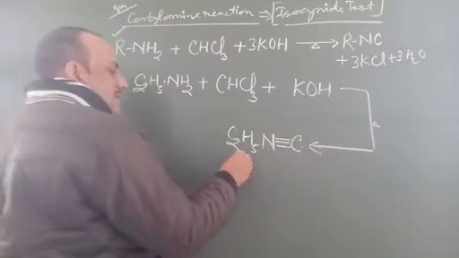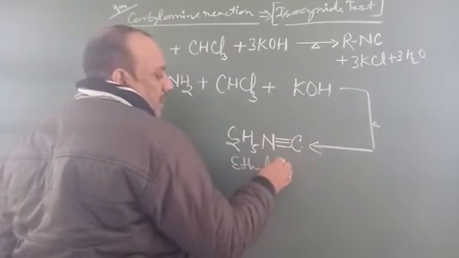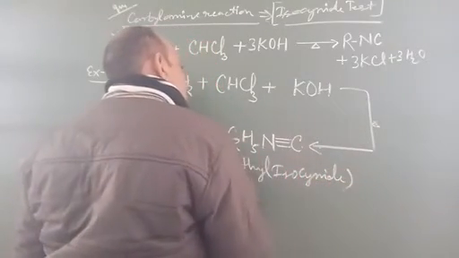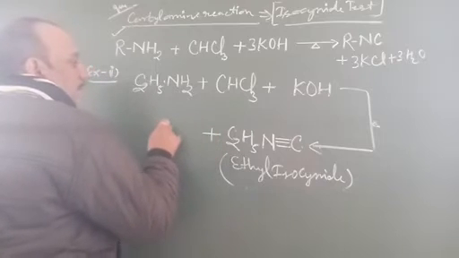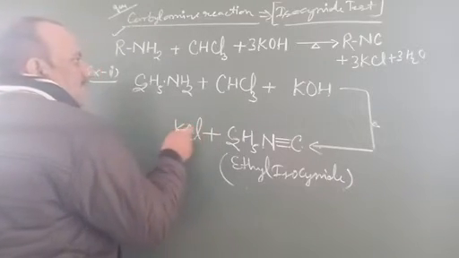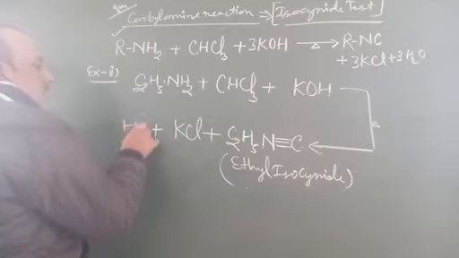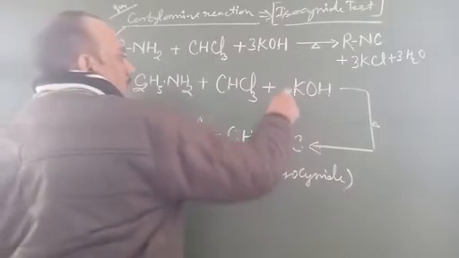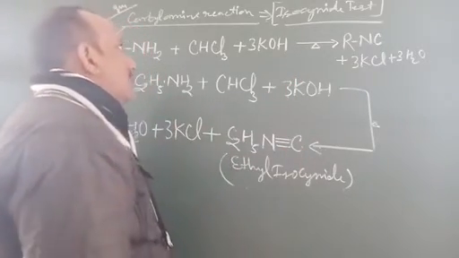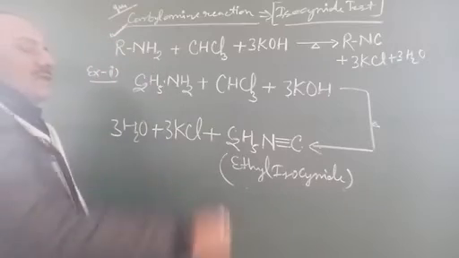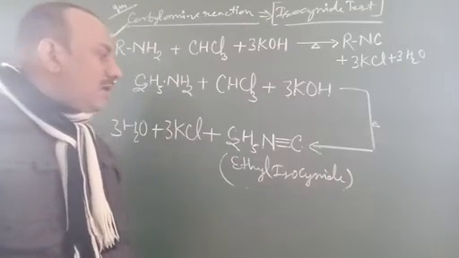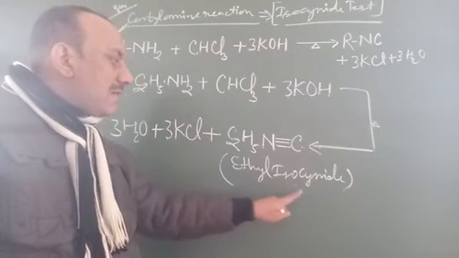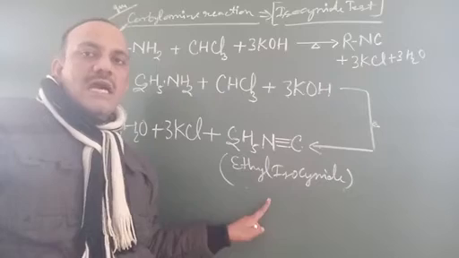This product is known as ethyl isocyanide, and KCl, potassium chloride, and H2O are subtracted. So this concept is known as the carbylamine reaction because this product is also known as carbylamine. Isocyanide is its chemical name, but it is simply known as carbylamine.